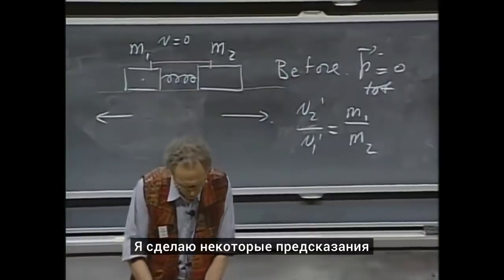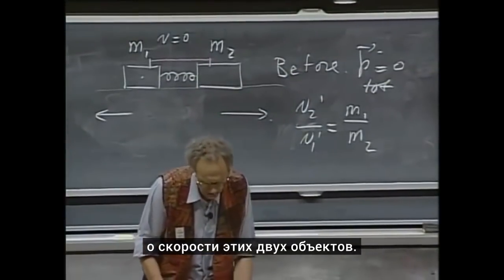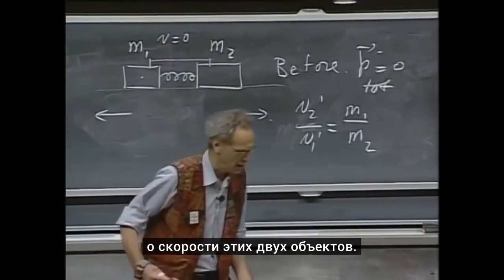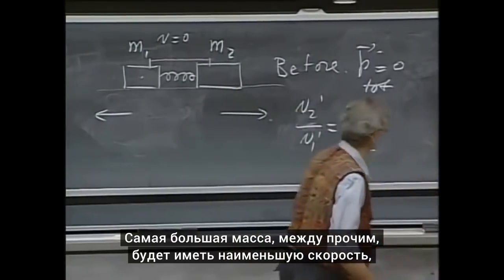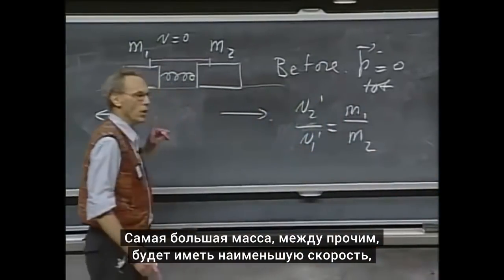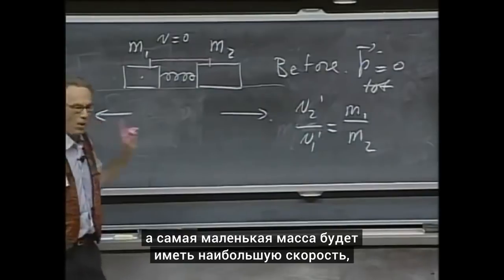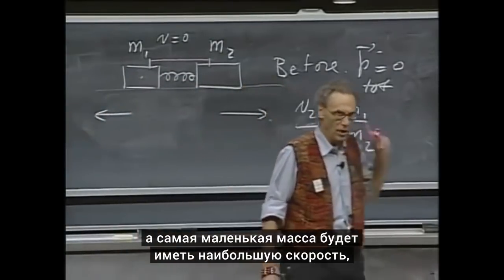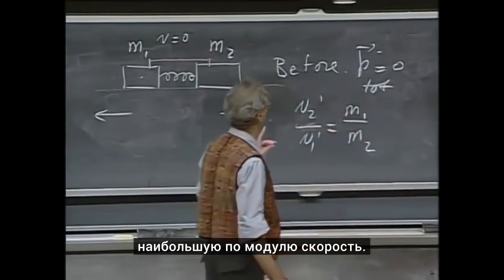And so I will make some predictions about the speed of these 2 objects. The largest mass, by the way, would get the smallest velocity, and the smallest mass would get the largest velocity, the largest speed.